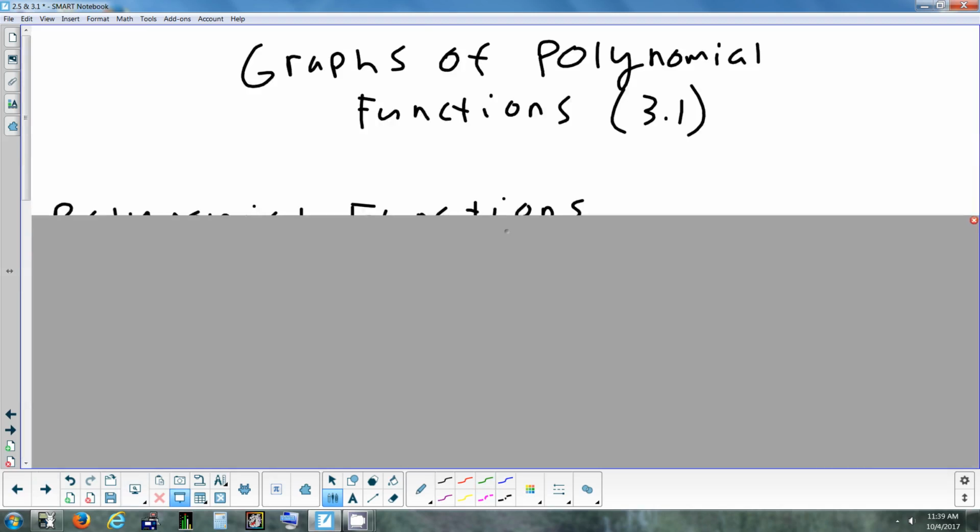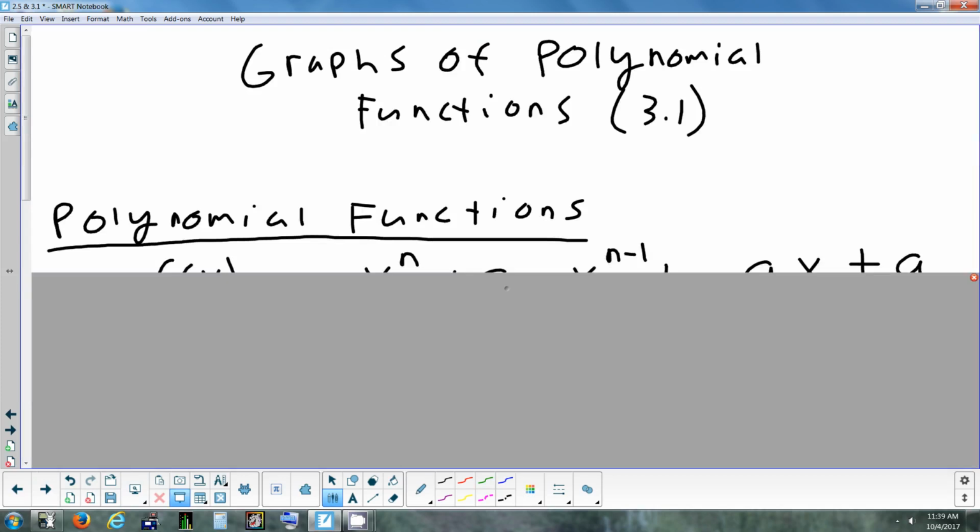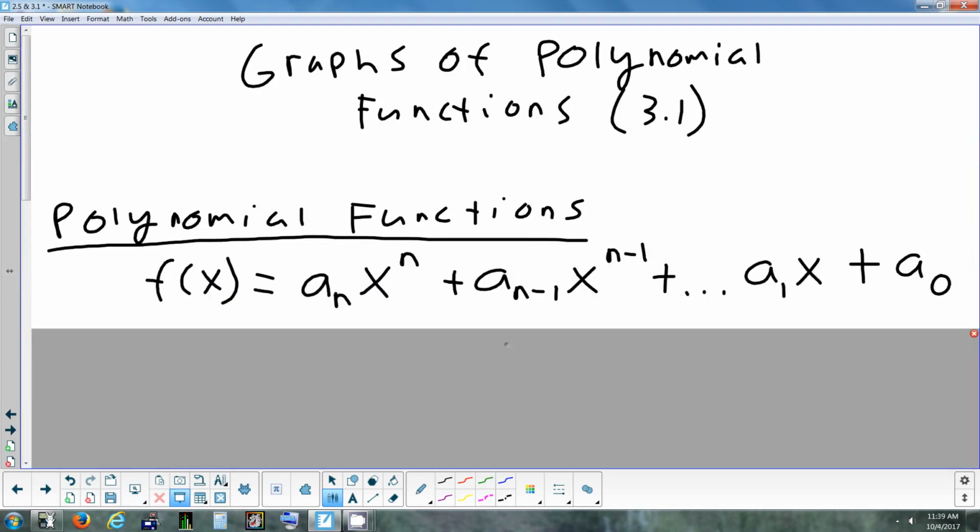All right, so the last thing we'll start to look at, we actually look at through the entire chapter, is polynomial functions. So the idea of a polynomial, these are usually all filled in with numbers, but what I'm trying to show you is you start with your highest exponent, maybe an x cubed, and then your next term would be x squared, the next lowest exponent.